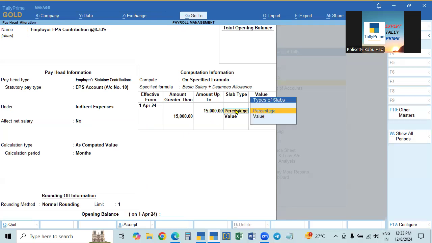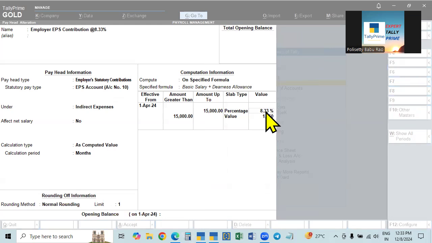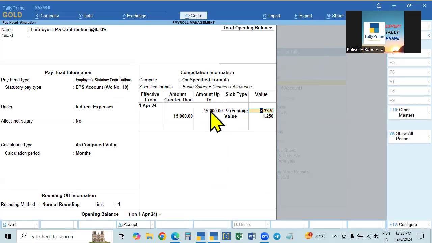Up to 15,000 rupees, it is 8.33%. So 15,000 rupees into 8.33% is, if you round off, 1,250. So this is calculated at 8.33% up to 15,000. Above 15,000, it is not eligible, so no amount is calculated.